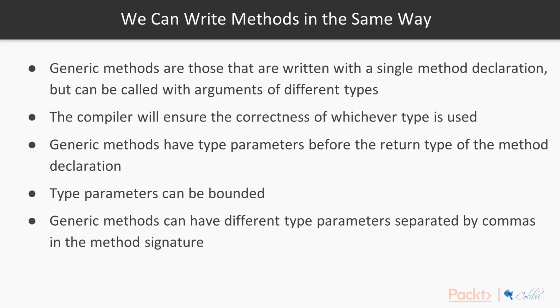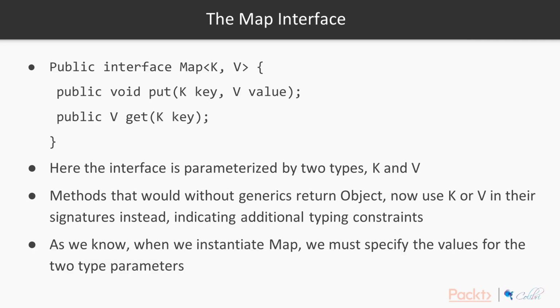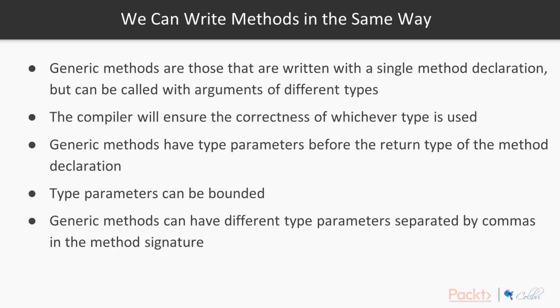It just so happens that we can write methods in exactly the same way. Generic methods are those that are written with a single method declaration, but can be called with arguments of different types. The compiler will ensure the correctness of whichever type is used. In exactly the same way that we've defined a generic class, we can define a generic method.